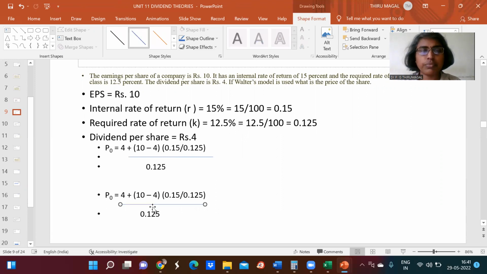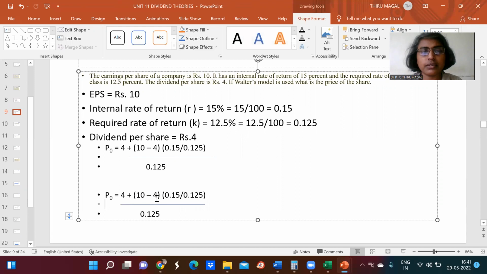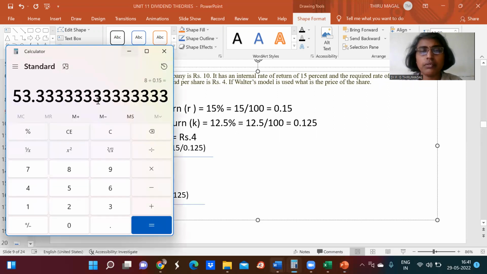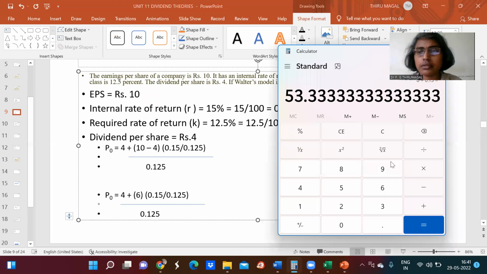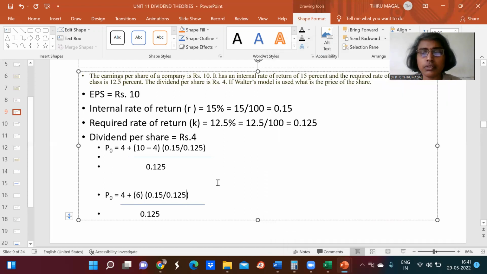The 4 will stay as it is, and 10 minus 4 is 6. When you divide 0.15 by 0.125, we get 1.2. So this value is 1.2.